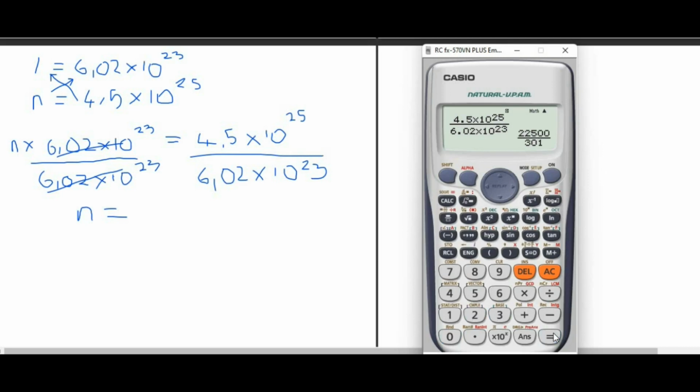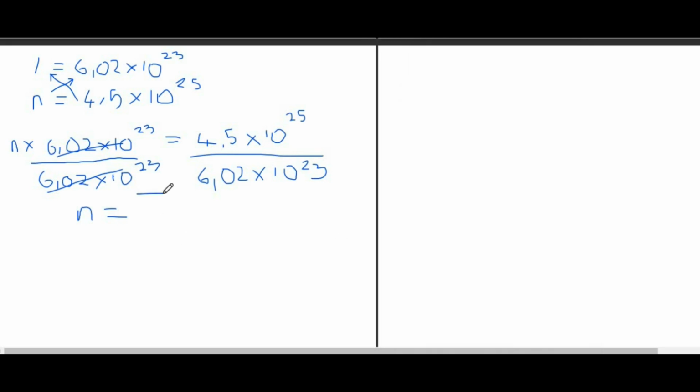Let's see how much that is, and then you get a value of 74.75. And since it's the number of moles, you must write mol.